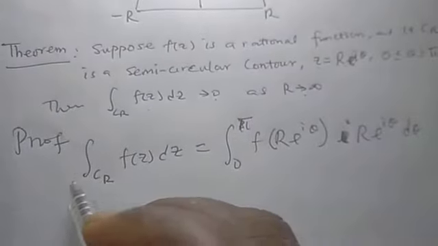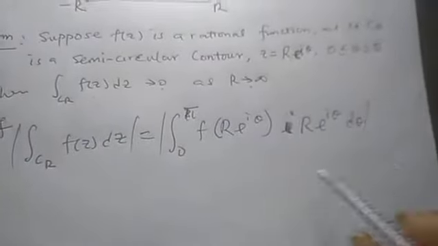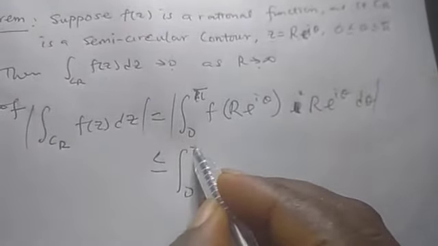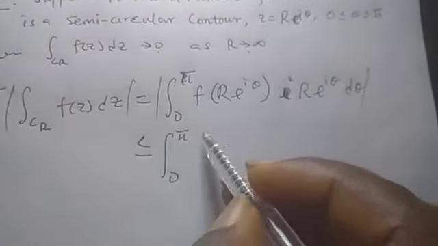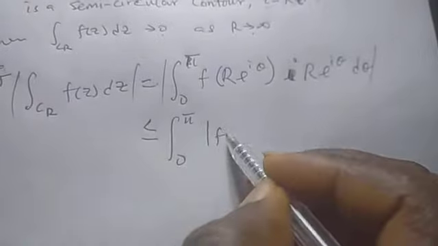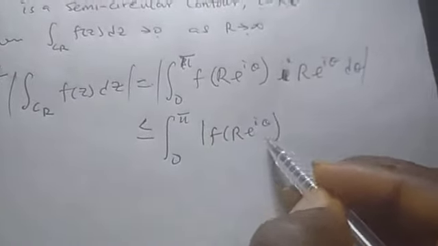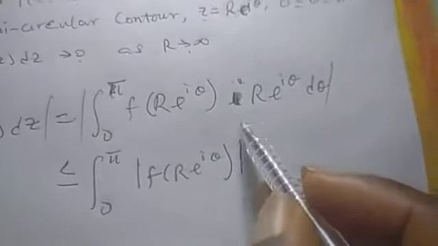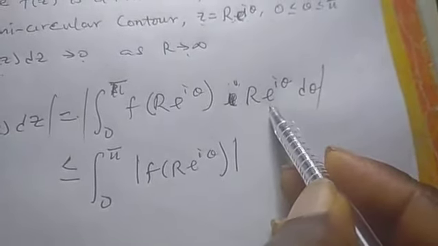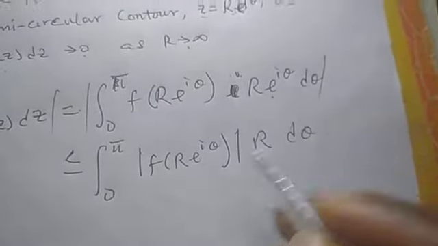Now let's take absolute value of both sides. So by the law of integral there, when we take absolute value, this will be less than when we put the absolute value inside. This will be f of R exponential i theta. The absolute value of i is 1, and absolute value of exponential i theta is 1. So it remains R there and d theta.